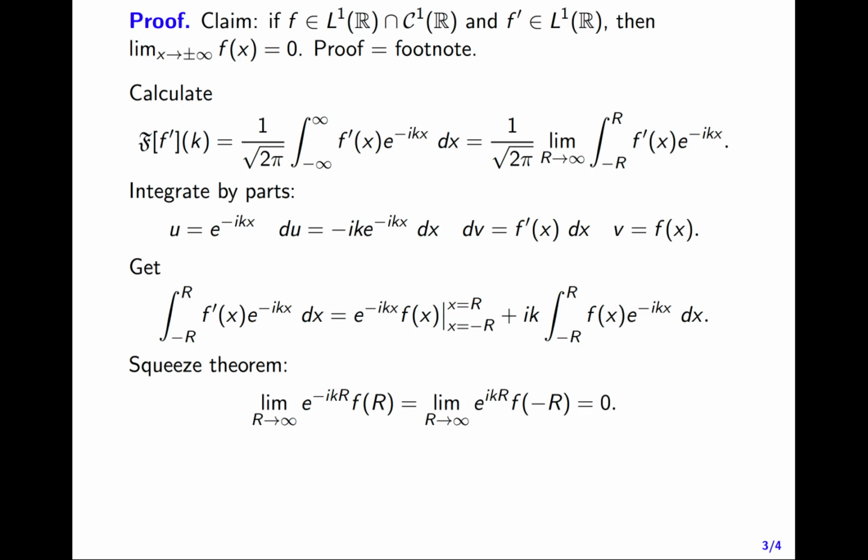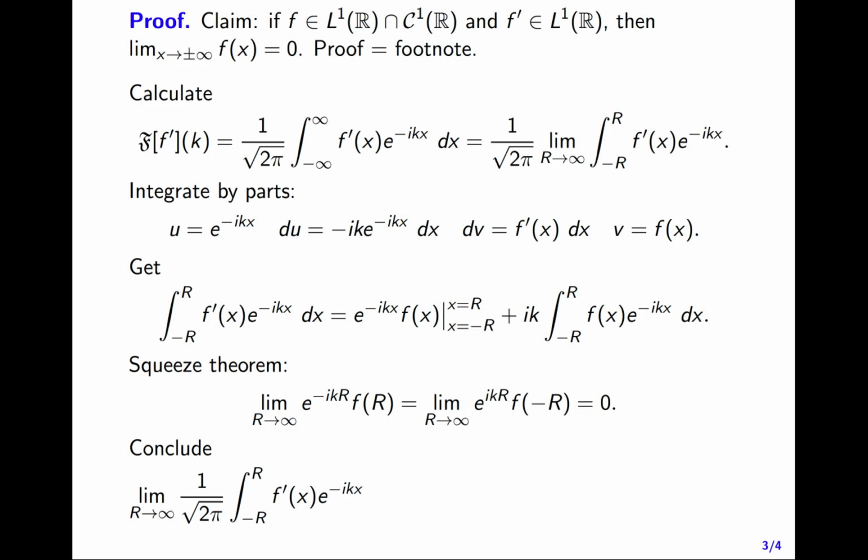So here, that little footnoted result that I like so much, about f vanishing at plus or minus infinity when it's in L1 and C1 of R and when f prime is in L1, that's where that limit result is really powerful.